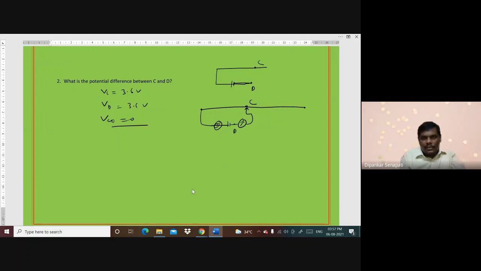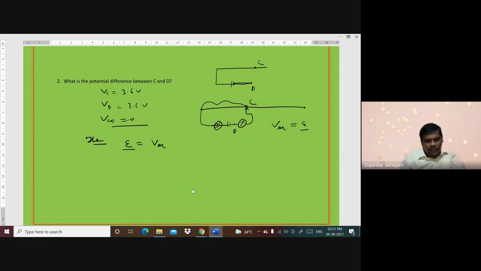This is only possible if the potential drop across this wire, that is VAC, is equal to E. Then we can say that the EMF of the cell is equal to VAC.